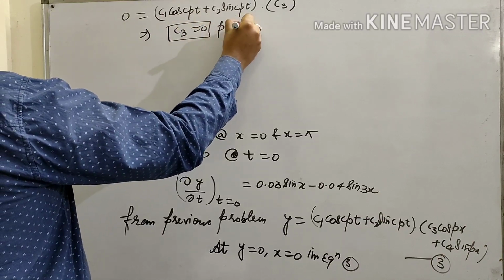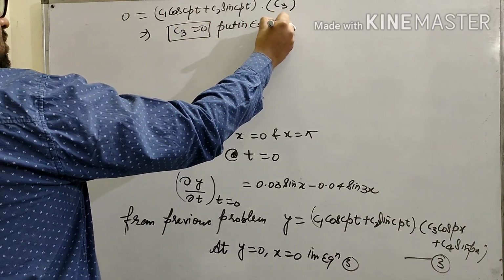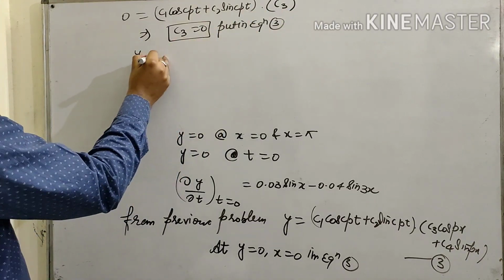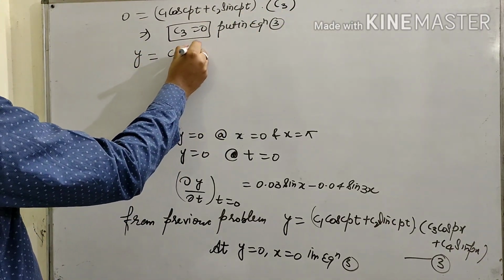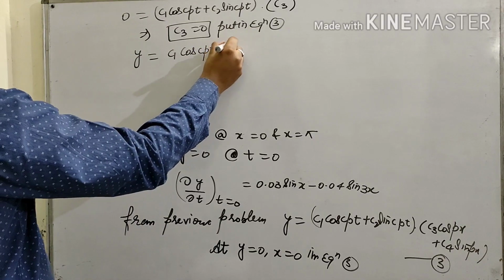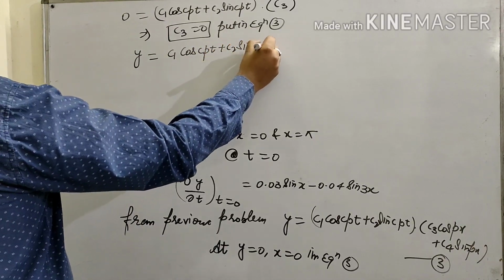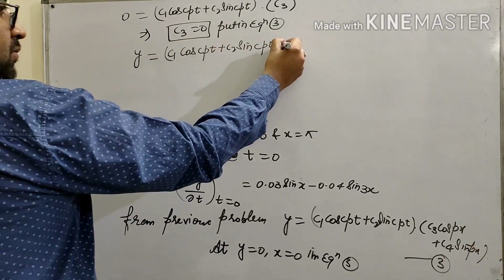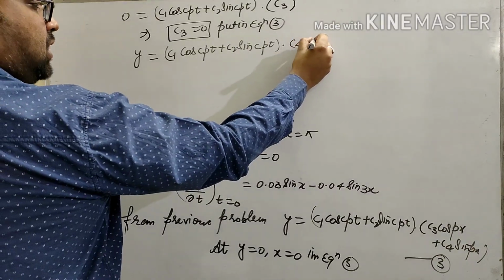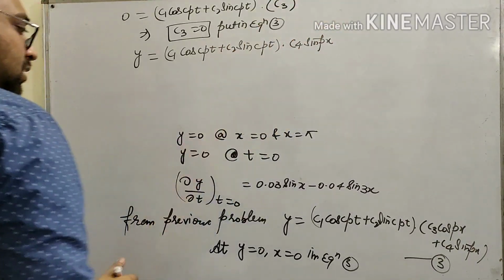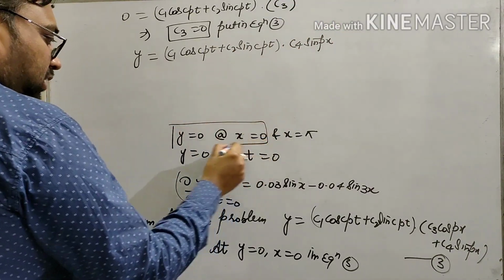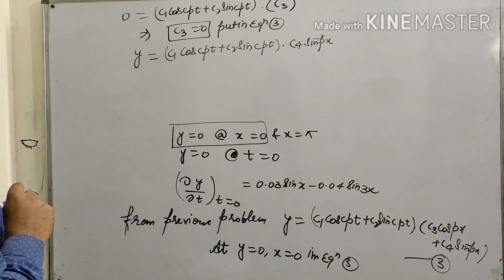So put in equation number 3. We get y is equal to (c1 cos cpt plus c2 sin cpt) into c4 sin px. This particular condition we have used.